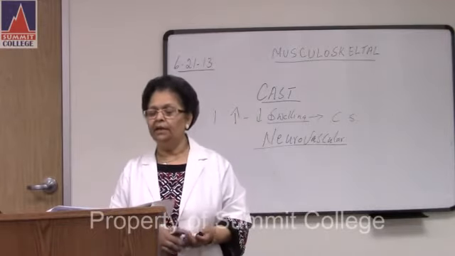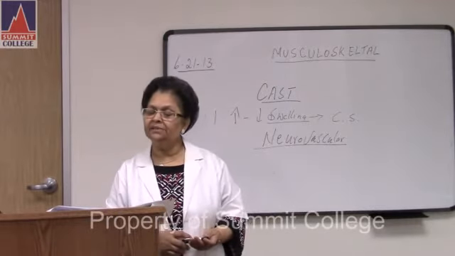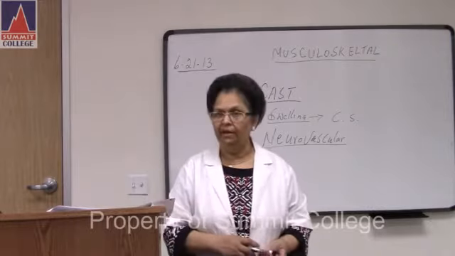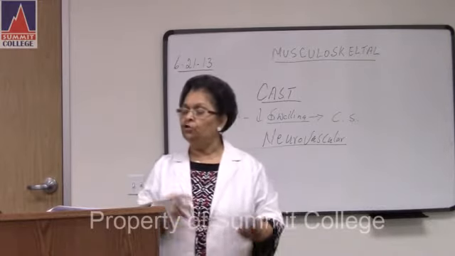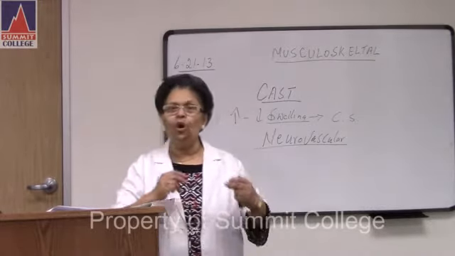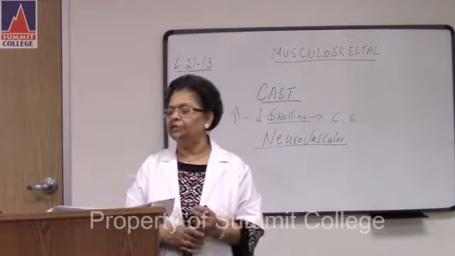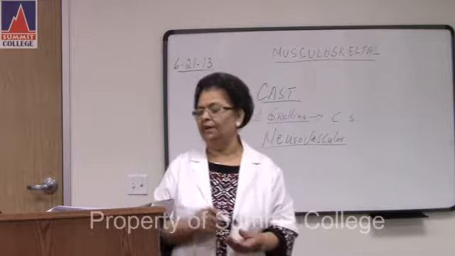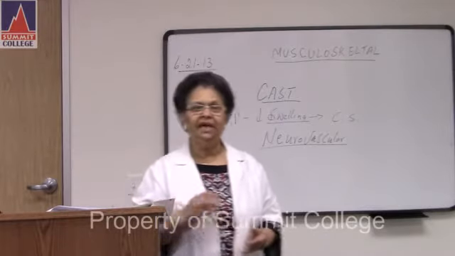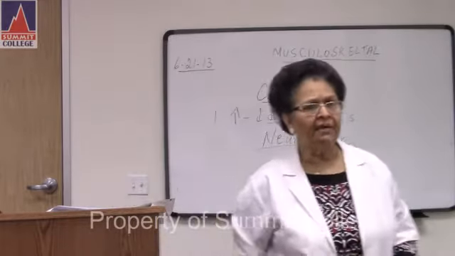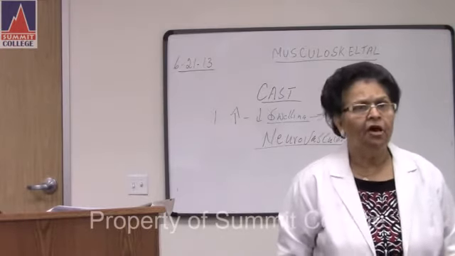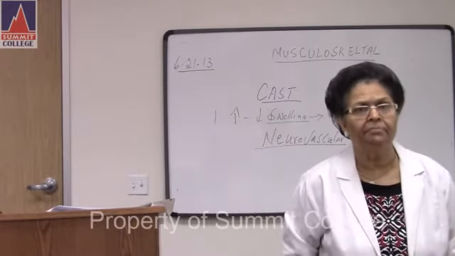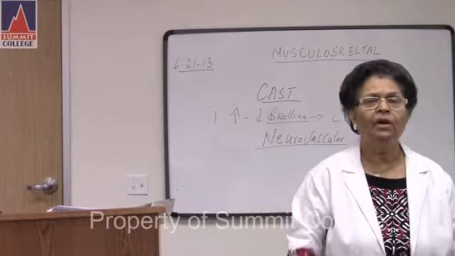Now number 9 is the word bivalving. What is bivalving? You are cutting the cast for compromised circulation or compartment syndrome. Underline the word compartment syndrome. Patient says they're not having good circulation. A patient has compartment syndrome. What do we do?